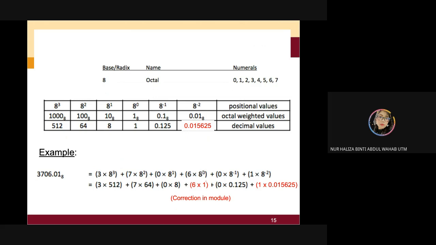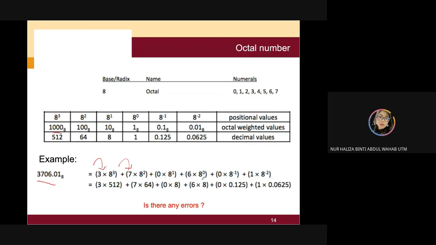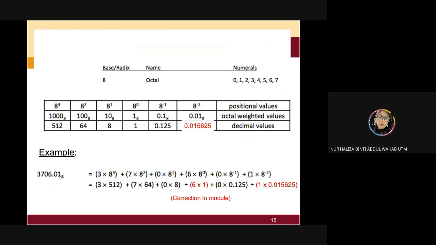You can see 8 to the power of 0 is supposed to be 1, not 8. Similar to this part, please make sure this is the correct one. So you can correct it in your module, ebooks, or your hard copy book later on, okay?